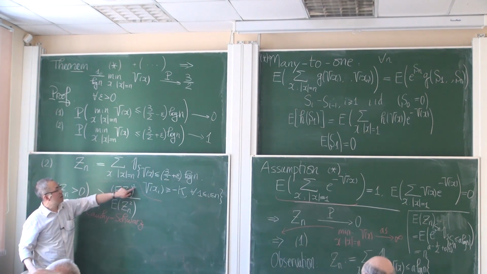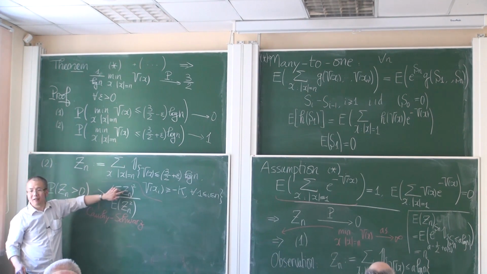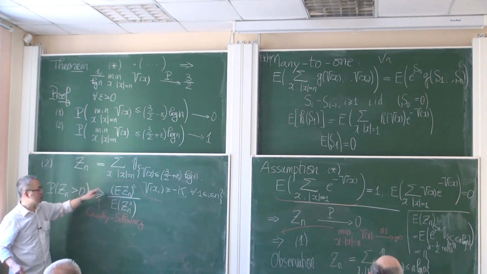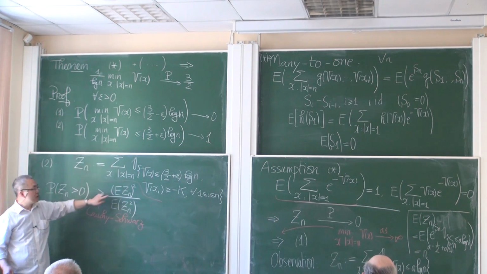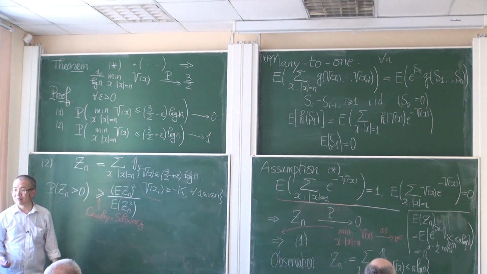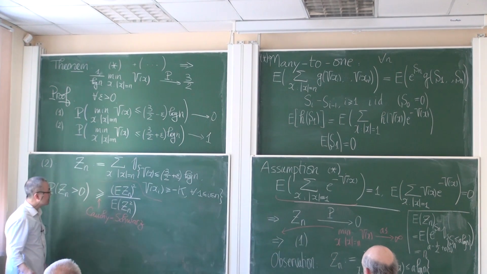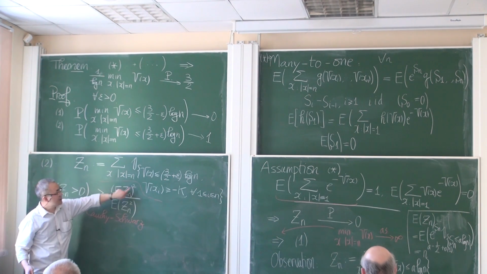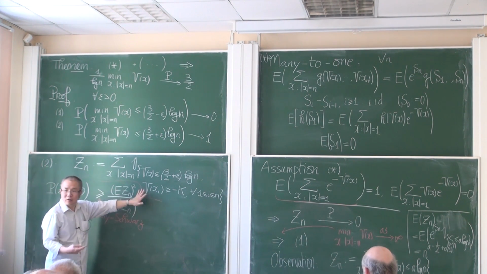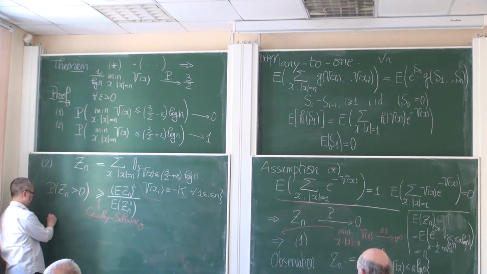Cauchy-Schwarz says that if you look at the square of the expected value, then it's smaller than the product of two, because in the expected value you can put an indicator function without costing you anything. So I want to show that this ratio is greater than or equal to something.